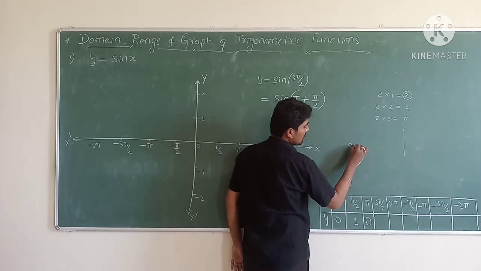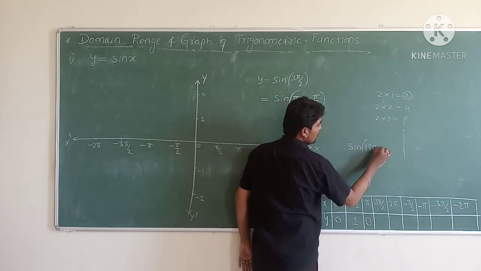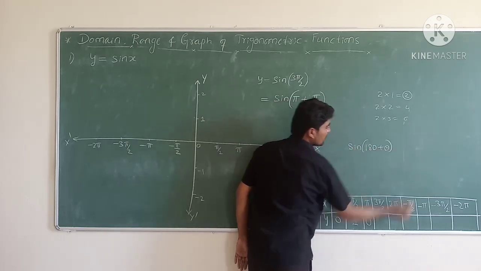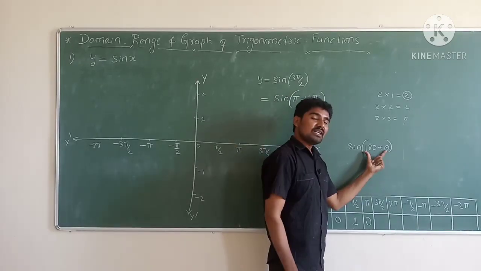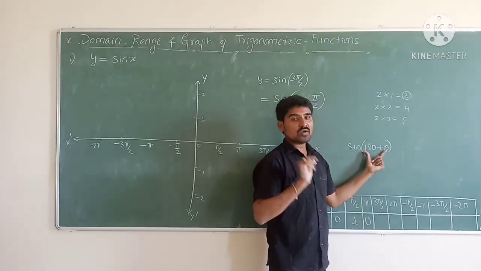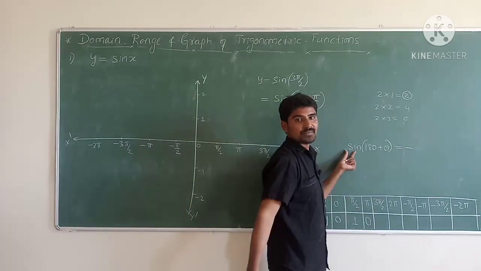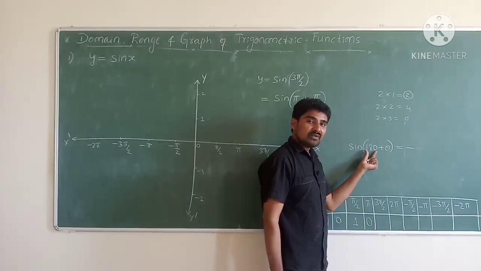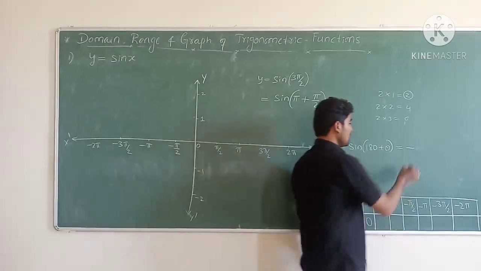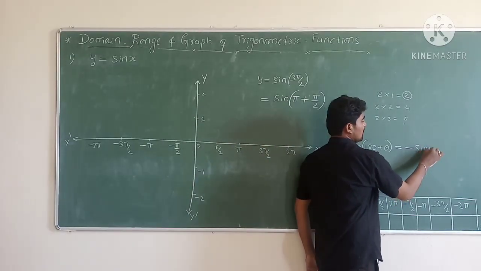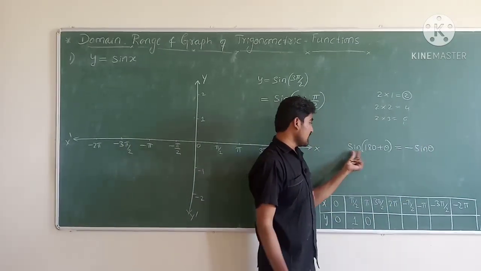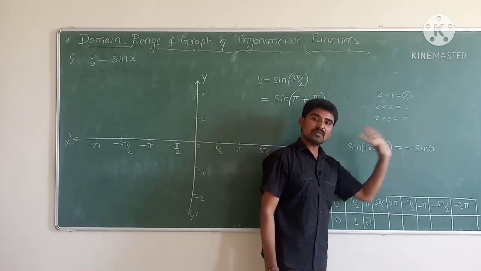We know that sin of 180 plus theta: 180 plus theta lies in the third quadrant. In the third quadrant sin is negative, and with 180 degrees sin does not change, it stays sin theta. Therefore sin 180 plus theta is equal to minus sin theta.